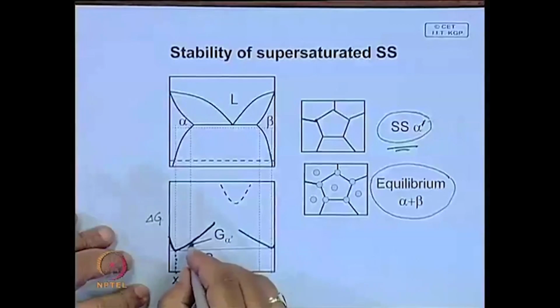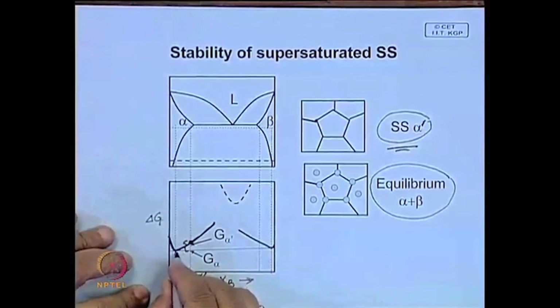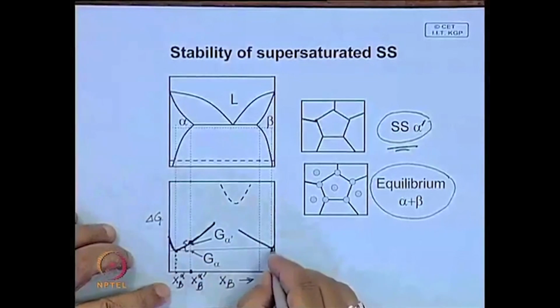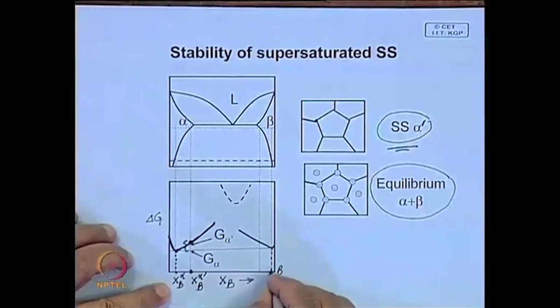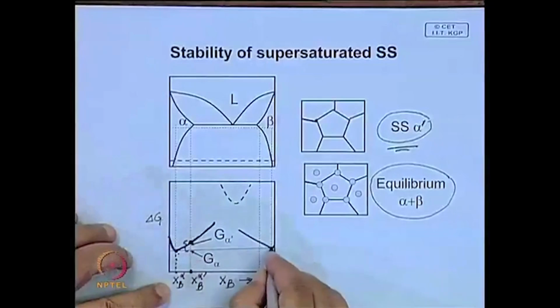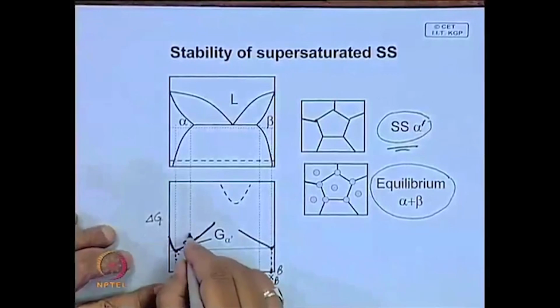Now, for alpha prime, its free energy is this. So, this is the free energy difference. Its stable structure is made up of this composition, the atom fraction of B in alpha, and this is the atom fraction of B in beta. So, the mixture of alpha and beta is the equilibrium structure at this particular temperature, and here by force we have kept this at room temperature.